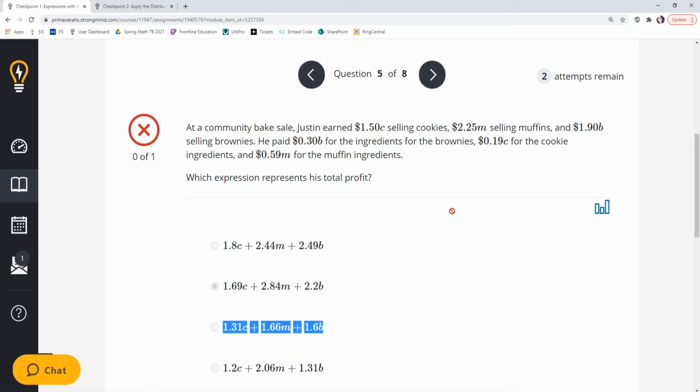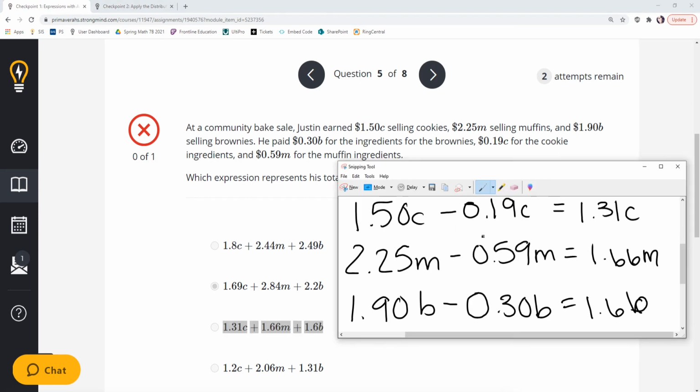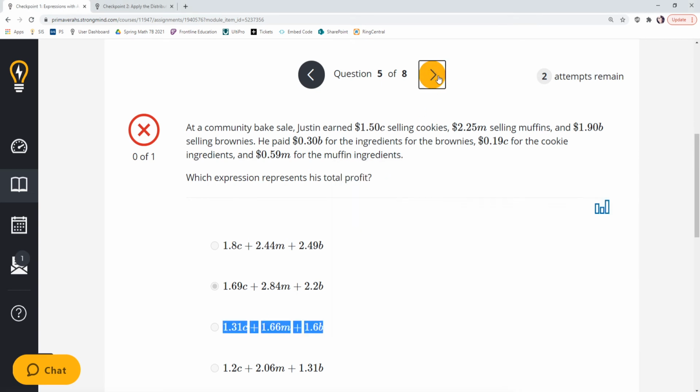If you're able to write them down next to each other, like I have been doing for every single problem, it makes it a bit easier, because once I can see this, I know, okay, well, all I have to do is subtract my numbers and keep my variable for each one. Okay. And if you notice, once we found our first one, this one here, that was the only one that had this 1.31c. So I could have stopped right then and there because I knew this had to be the answer, because that's the only one that had the correct c value.